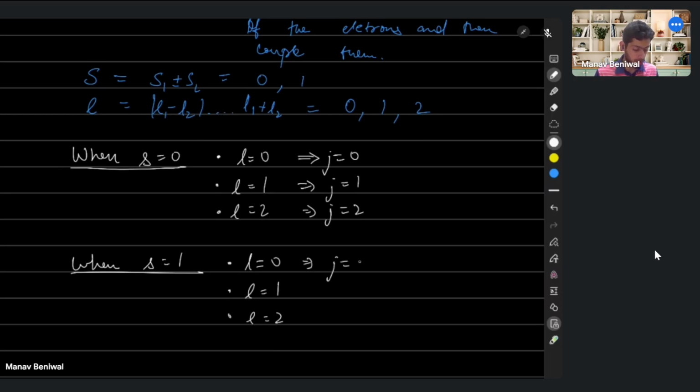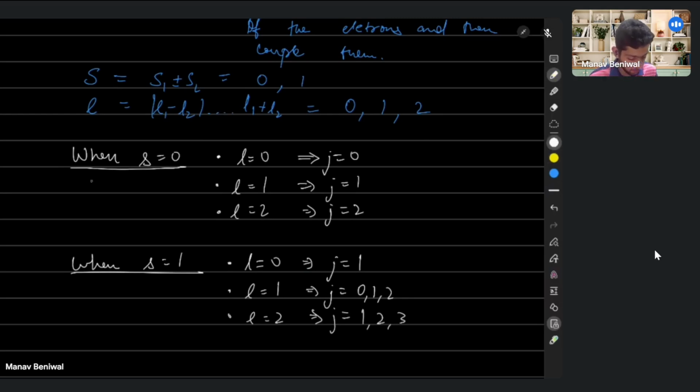Similarly, this will imply J is 1, and this will imply that J can go from 0 all the way up to 2, and again this will imply that J can go from 1, 2, 3, like this. Okay, now we can start writing the spectroscopic notations.